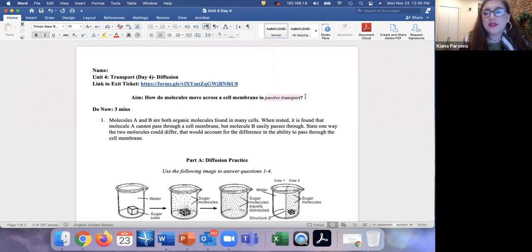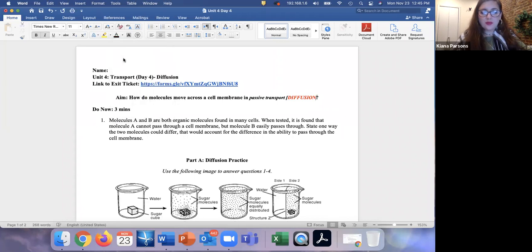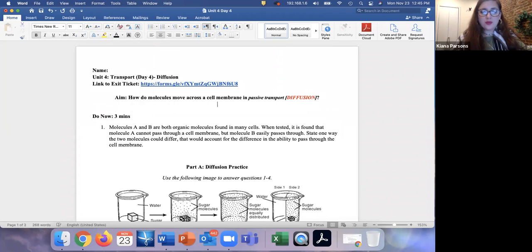So we know that passive transport is another word for diffusion at this point. We know this, right? And a couple of things we know about diffusion. Right, we know it occurs without energy.